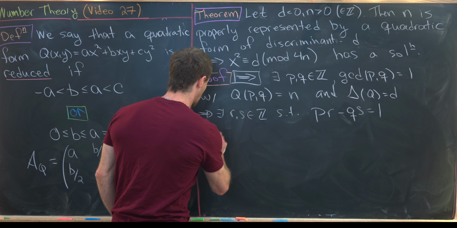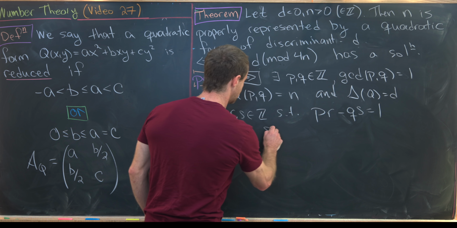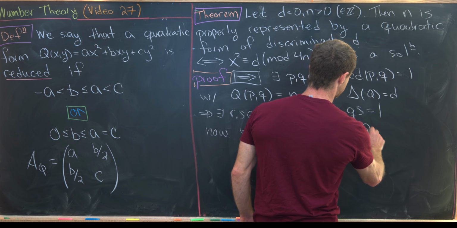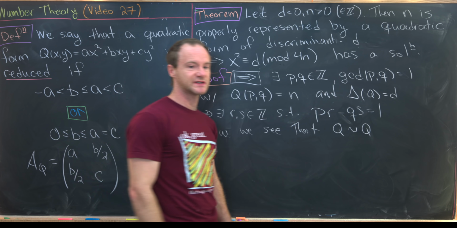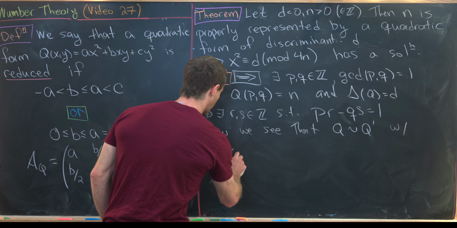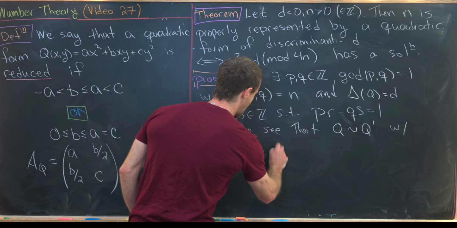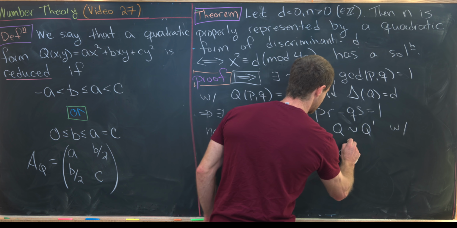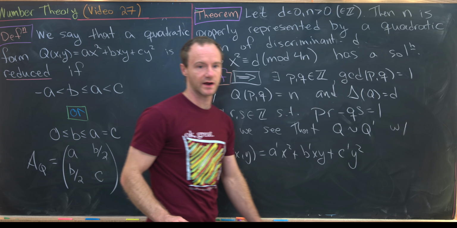And so now we see that Q is similar to something that I'll call Q prime, with Q prime of xy equal to a prime x squared plus b prime xy plus c prime y squared.